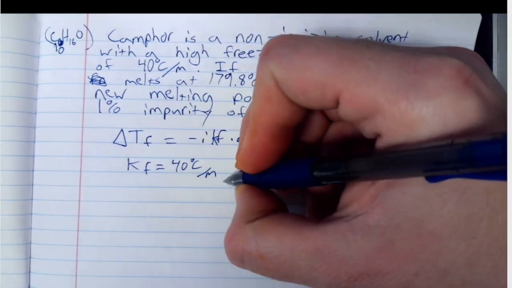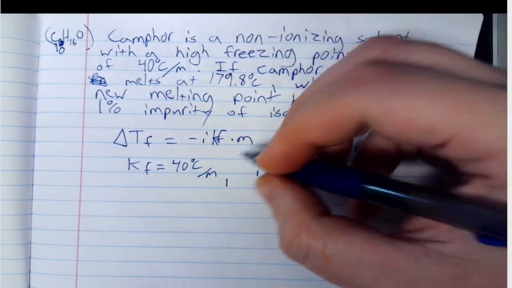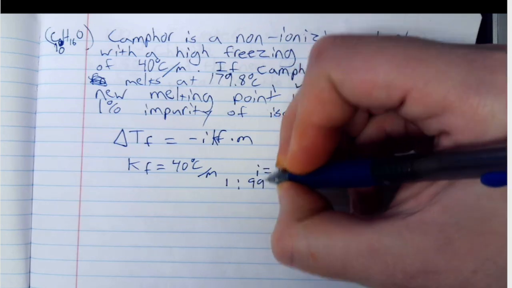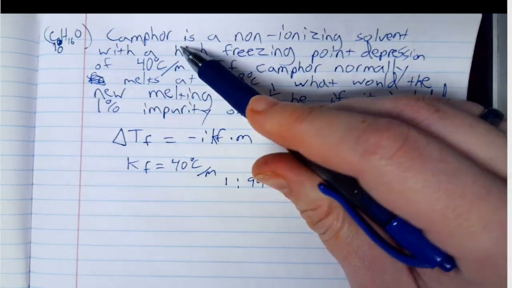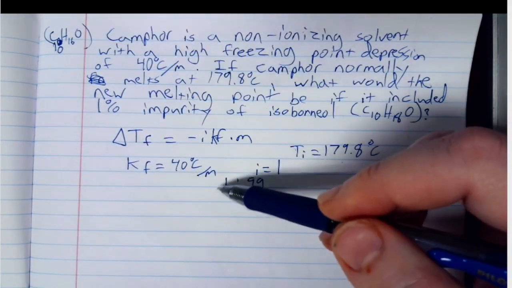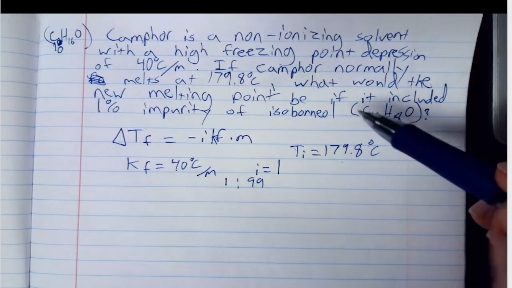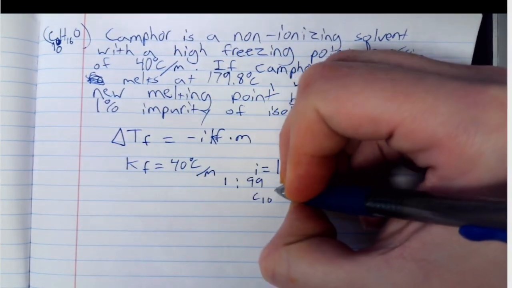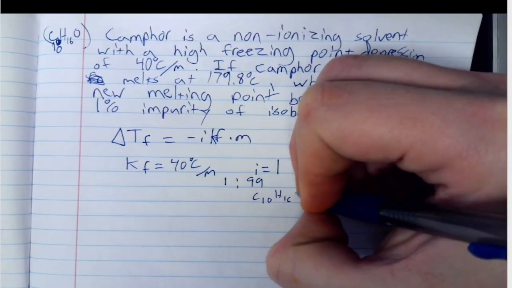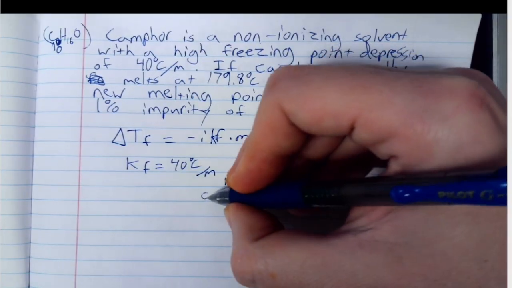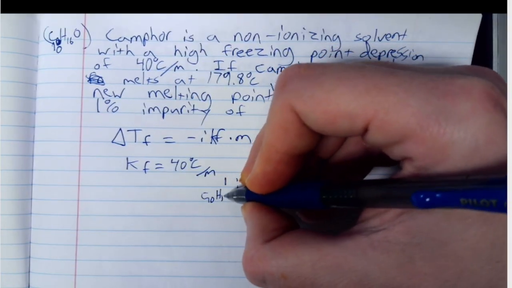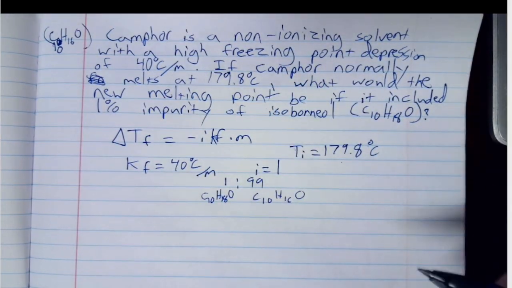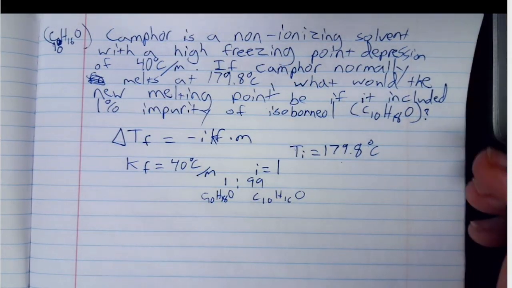It's 1%. That means for every 100 grams total, it's 1 to 99. So 99 grams of camphor means 1 gram of isobornyl. C10H16O versus C10H18O. You have all you need to solve this.